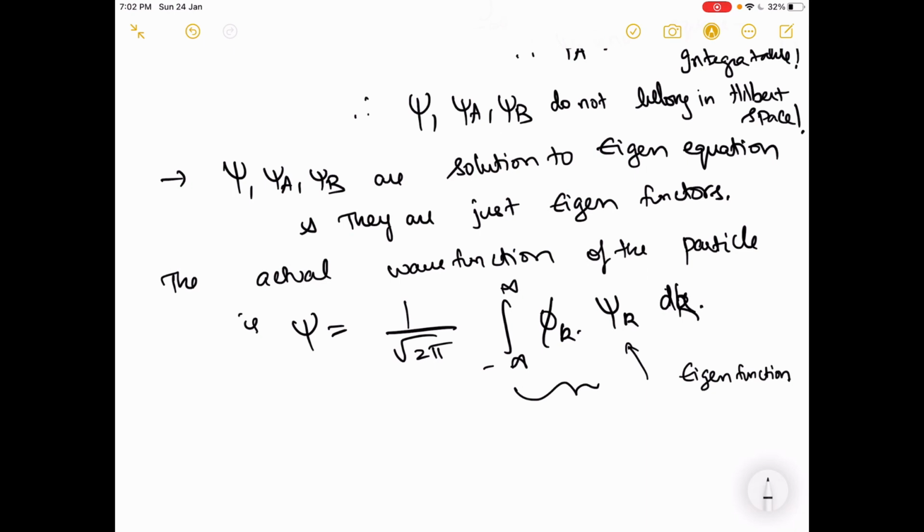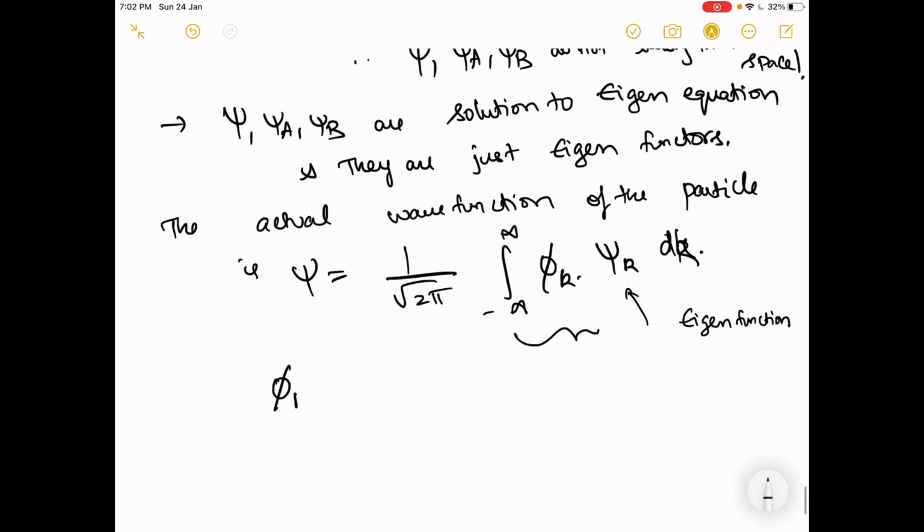And how do we find the psi k's? This is pretty straightforward.